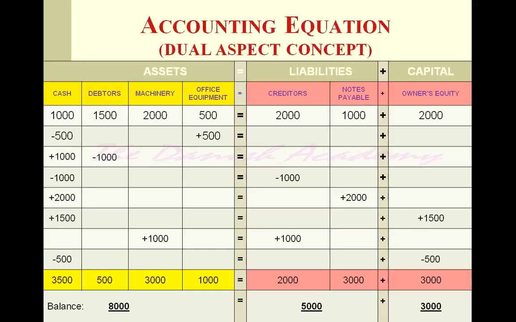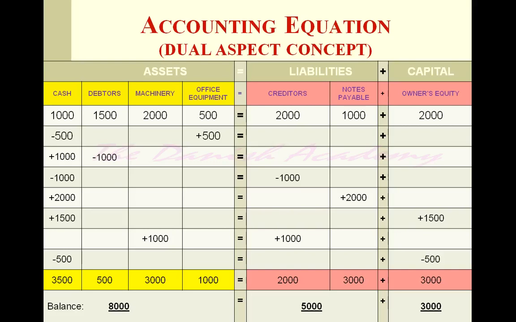So here is the accounting equation in detail. For example, assets equals liabilities plus capital. If a business has assets of 1000 in cash, 1500 in debtors, 2000 in machinery, and 500 in office equipment, the whole assets equal 5000.